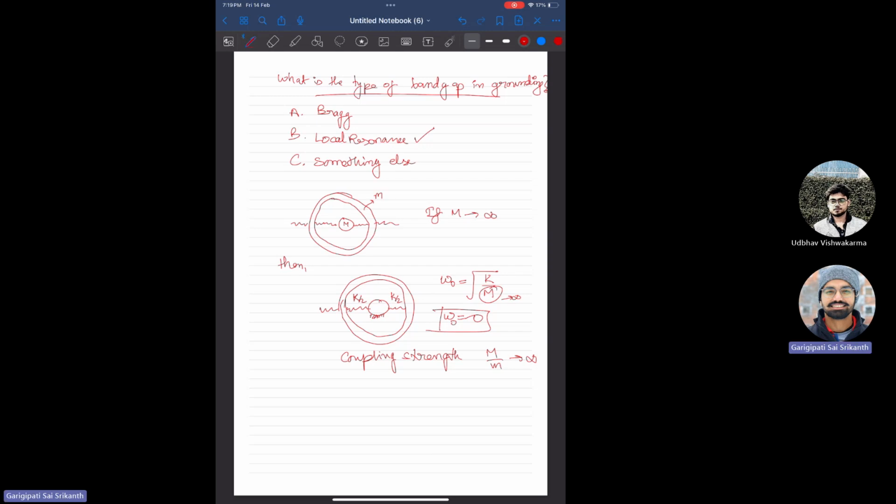A local resonance gap in an extreme case where singularities are involved is essentially just a Bragg gap. It's sort of a mixing of Bragg and local resonance. I'm saying everything is a mix.